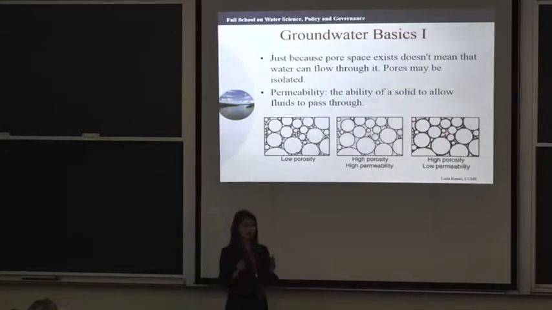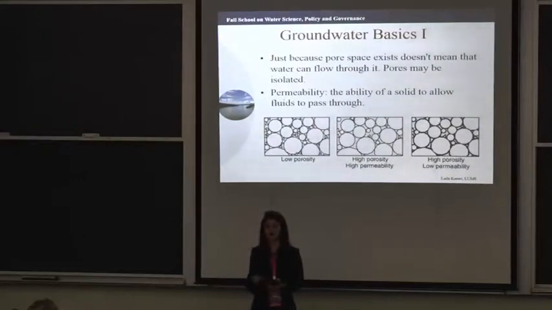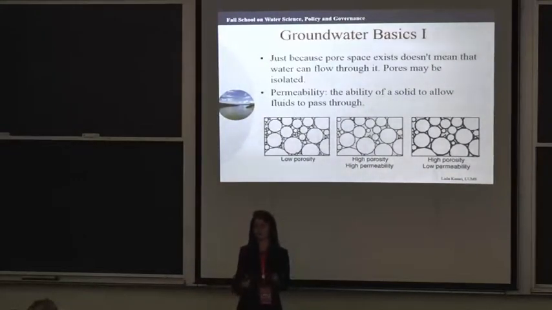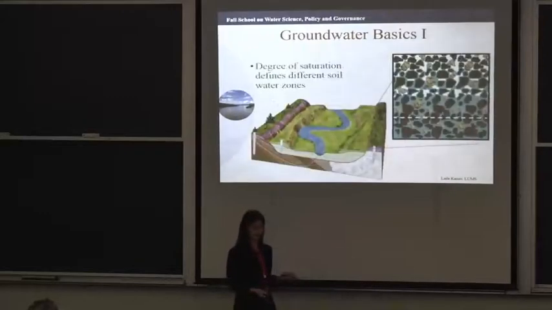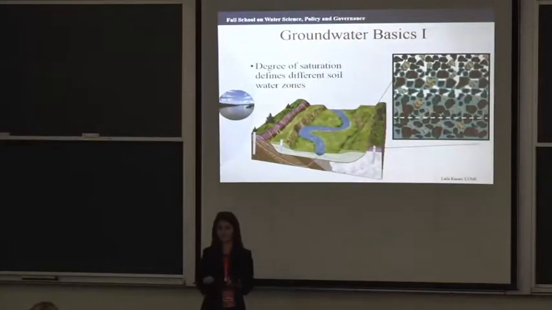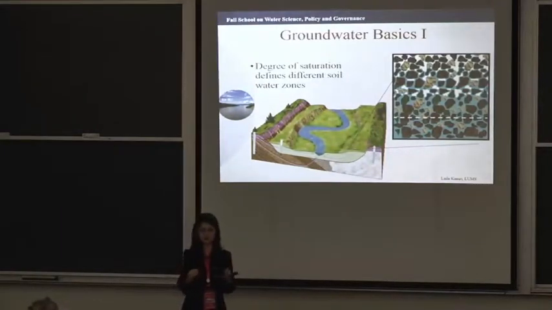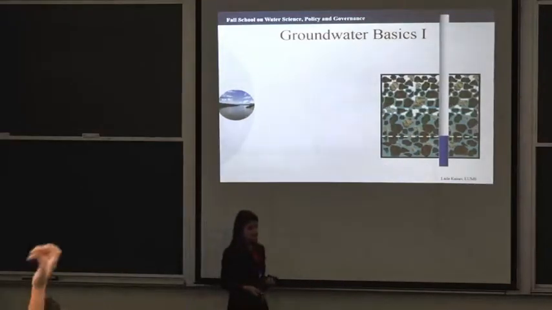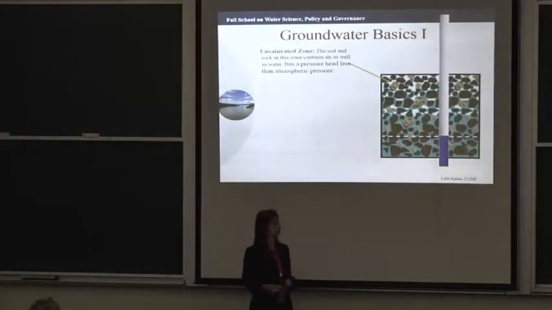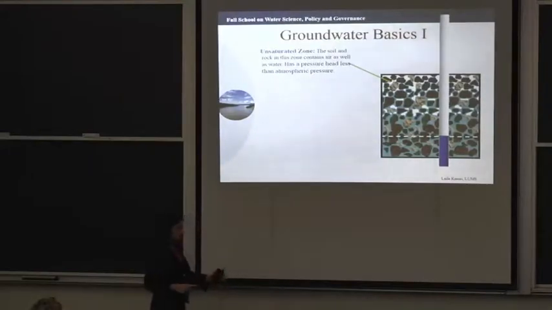These both terms will determine how much water can flow through the soil surface. So the amount of saturation, meaning the amount of water in the rock spaces, determines the different water zones, right? At the top layer you have the unsaturated zone, just below the ground.